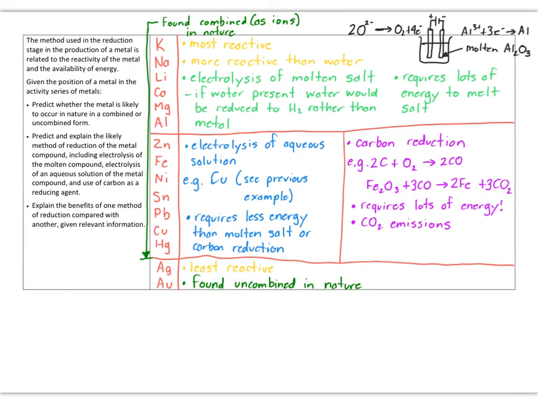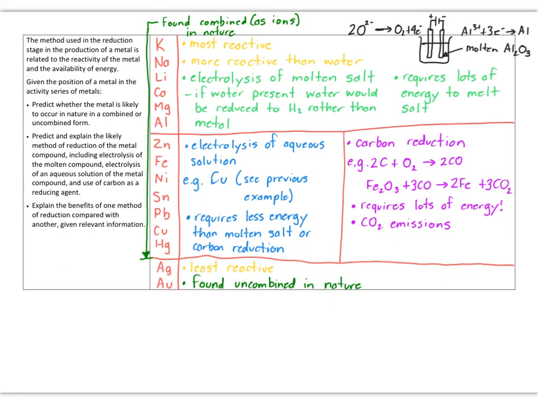At the other end, we have silver and gold. These are our least reactive metals. Particularly gold is found uncombined in nature. So basically gold is so unreactive, over the whole age of the Earth, it hasn't reacted in general to form compounds with other ions. It hasn't been oxidised, if you like.